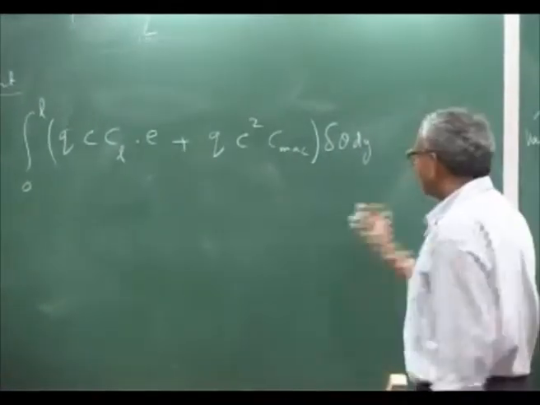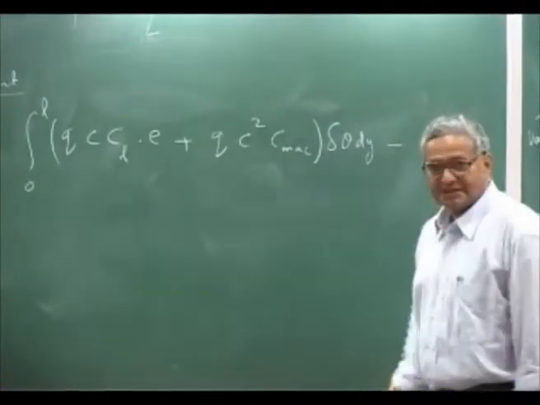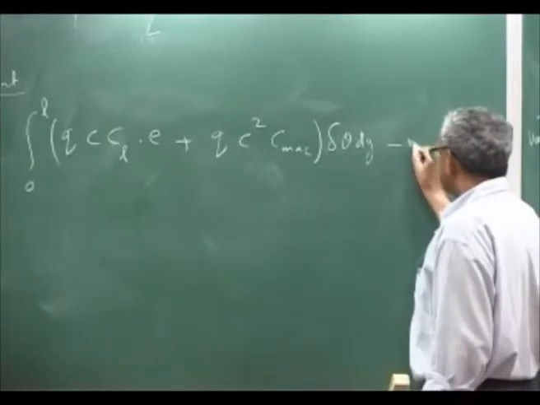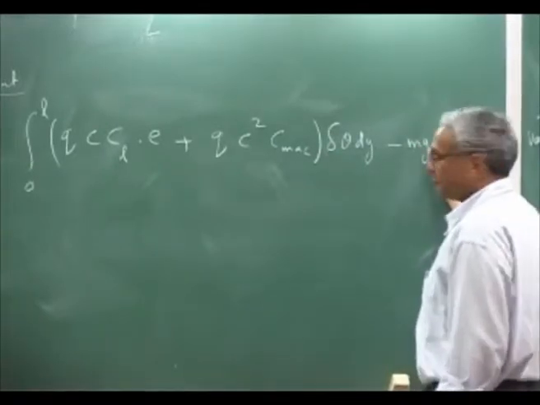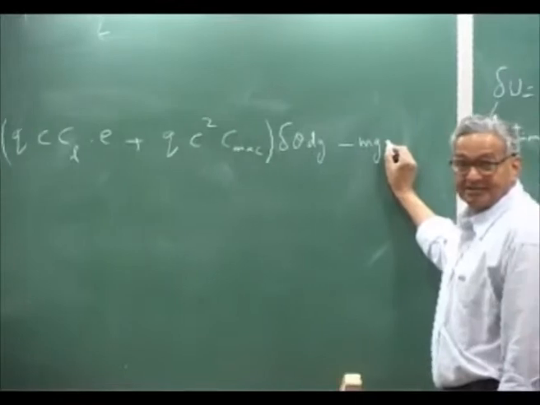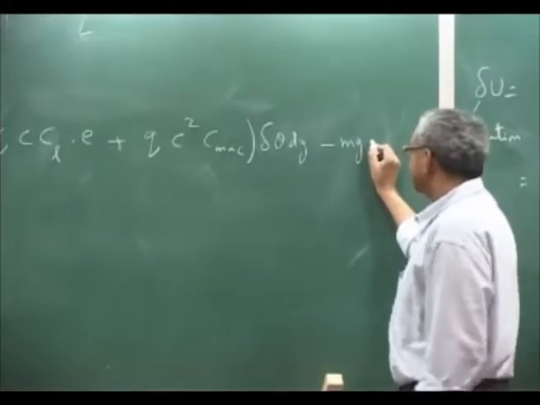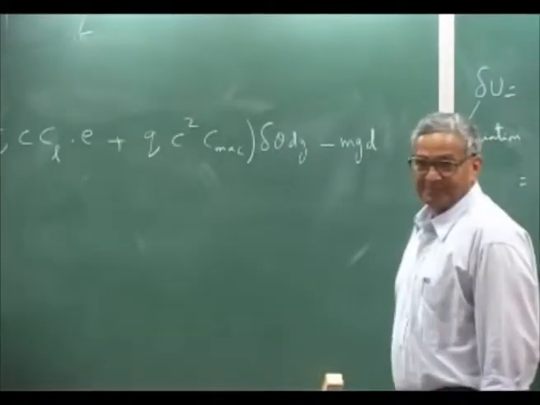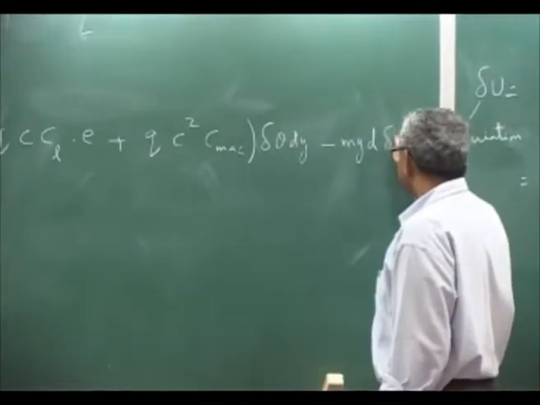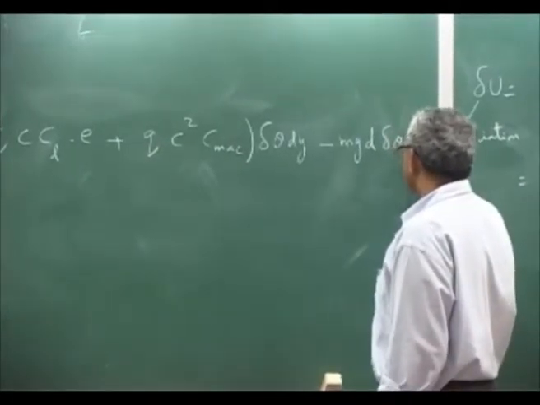Whereas for the mass, I'll write minus mg, that distance is D, into delta theta.